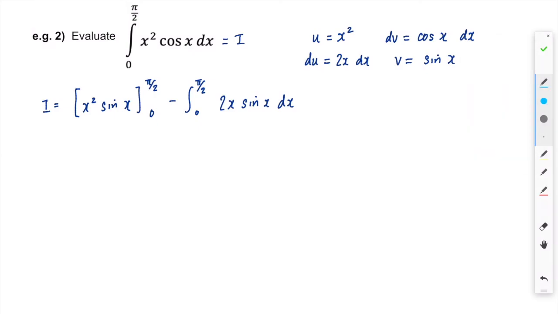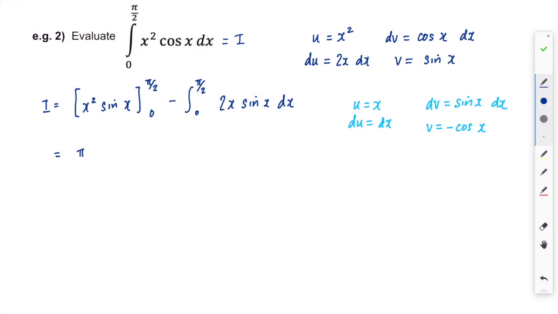So I'm going to let u this time be x, or 2x if you like. du is dx, dv is sine x dx, so that v is negative cos x. And I will factor out the 2 when I do the integration. In the first part, I will do my substitution right away.